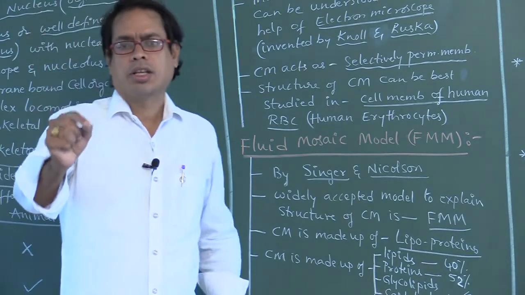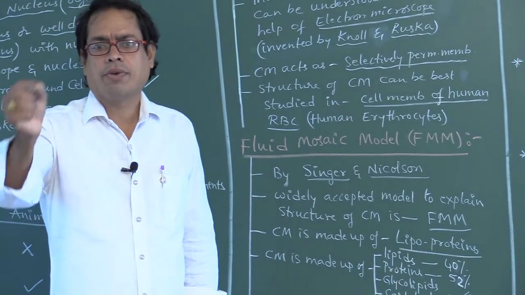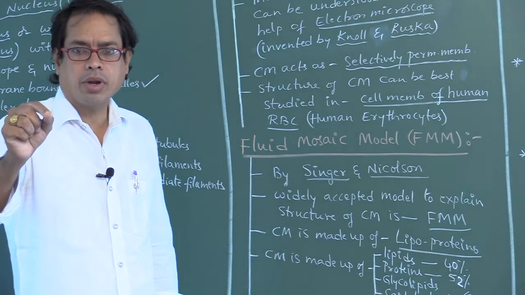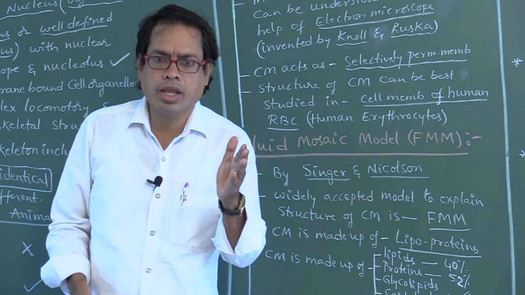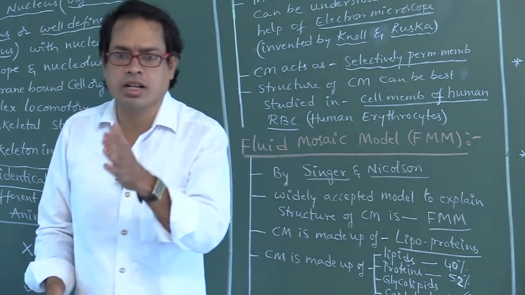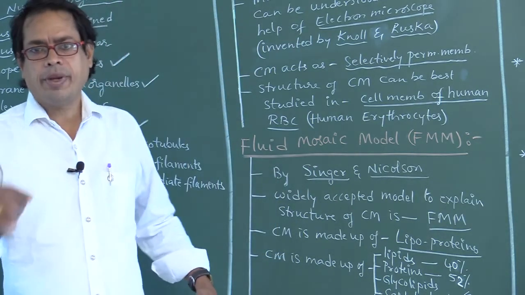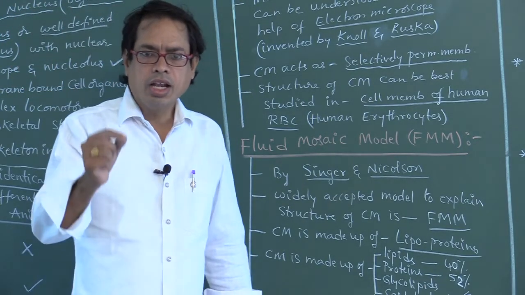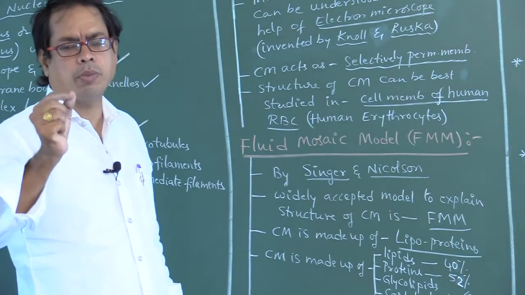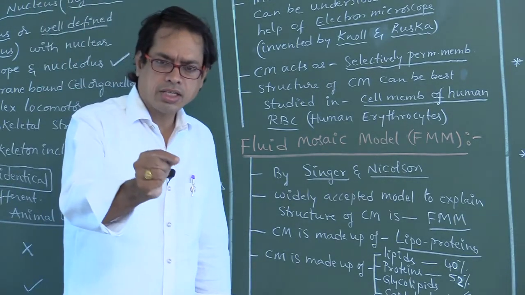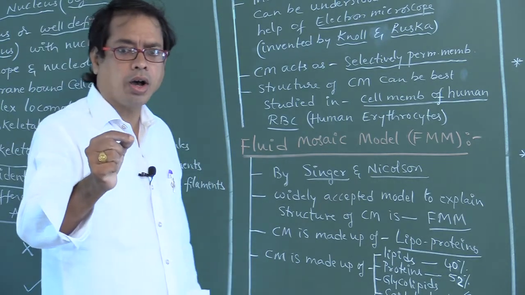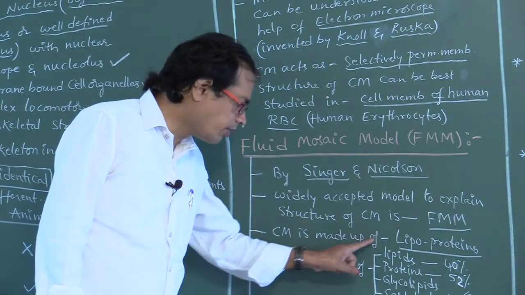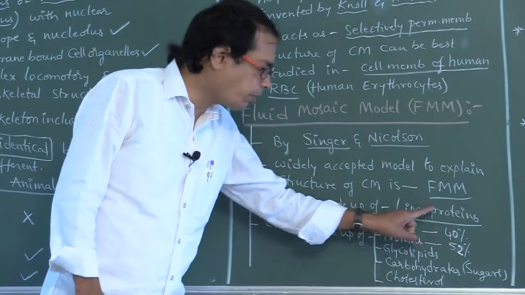So that is a eukaryotic nature found in prokaryotic cells: the chemical composition of the cell membrane, a lipoproteinaceous membrane. Very, very important point.